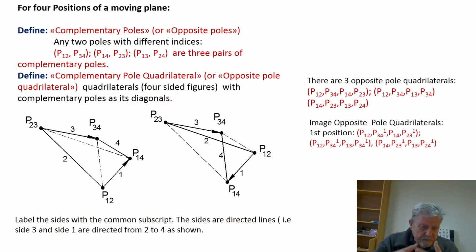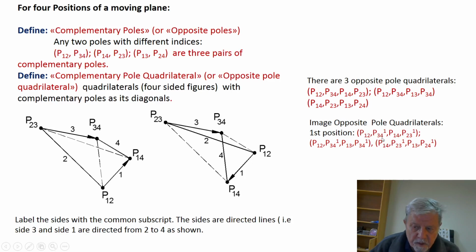When we are going to consider inversion, we have to use the image poles. The image opposite pole quadrilaterals will be in the first position: the images of these poles with respect to position 1.